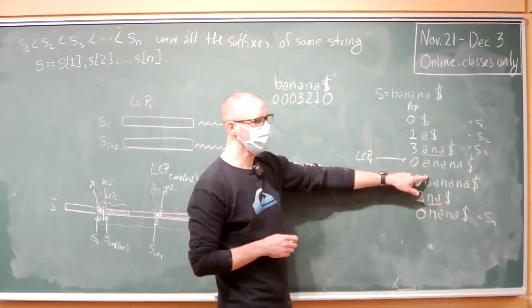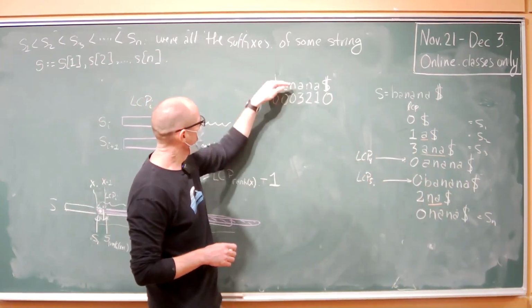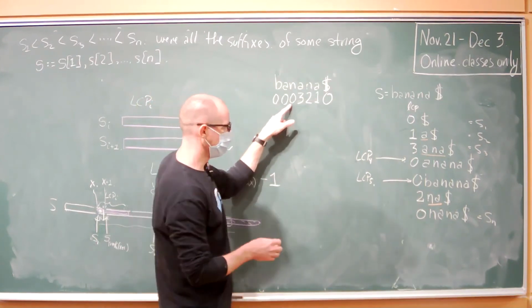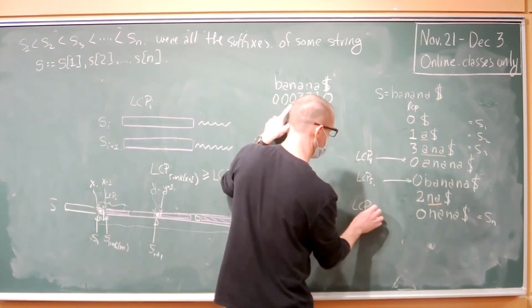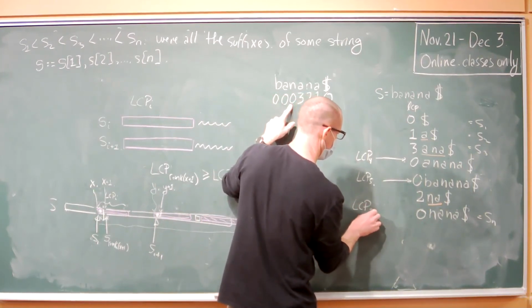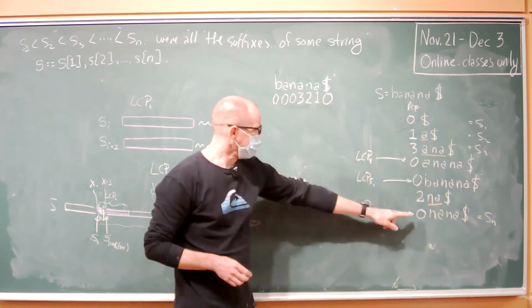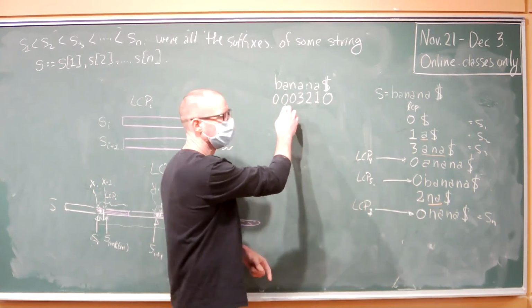I immediately see that the first characters are different. That gives me a 0. Next comes nana, which is at position, must be 7. That's the last position. There's nothing that comes after it, so that's a really easy one. That gives me a 0.